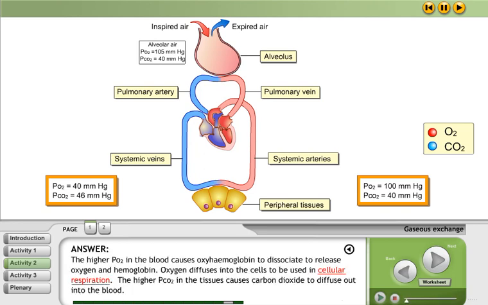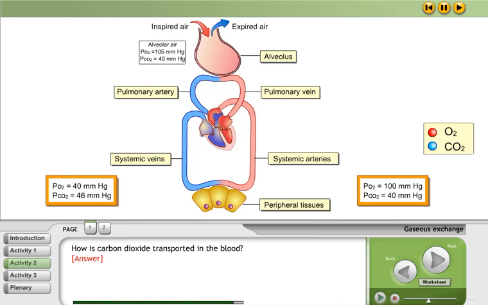Answer: the higher partial pressure of oxygen in the blood causes oxyhemoglobin to dissociate to release oxygen and hemoglobin. Oxygen diffuses into the cells to be used in cellular respiration. The higher partial pressure of carbon dioxide in the tissues causes carbon dioxide to diffuse out into the blood.